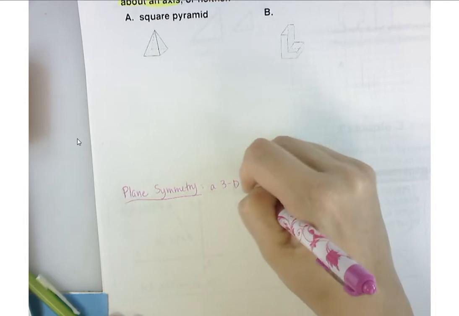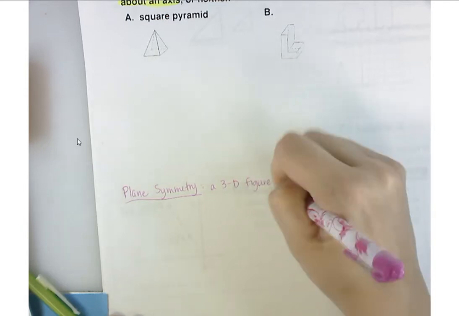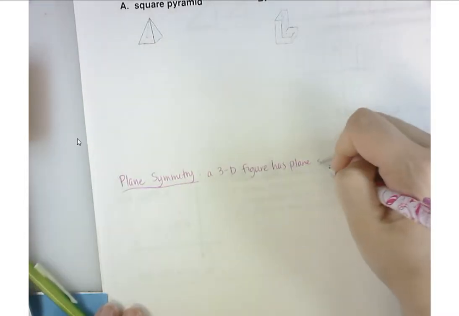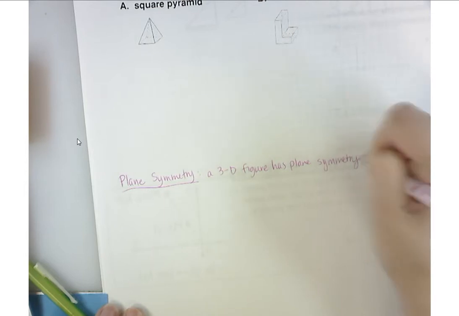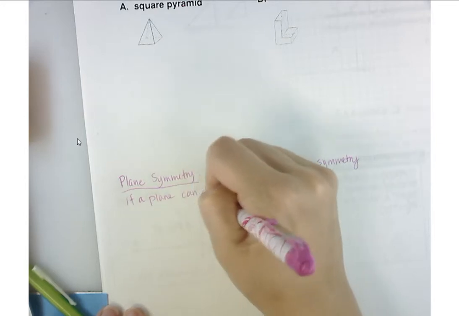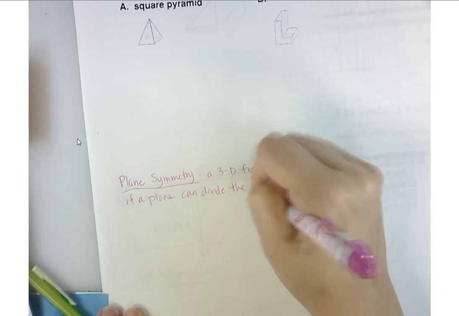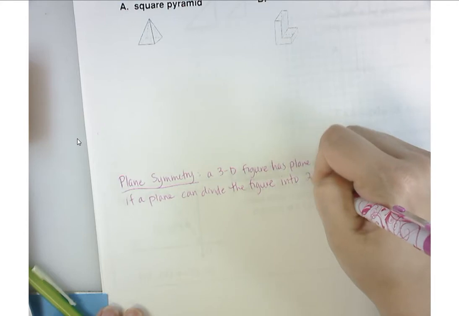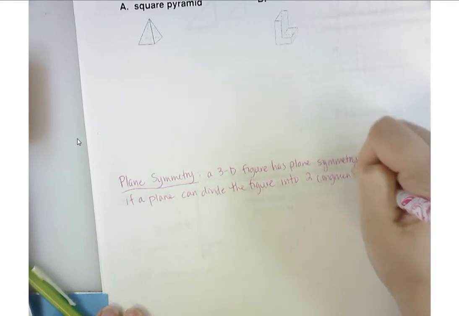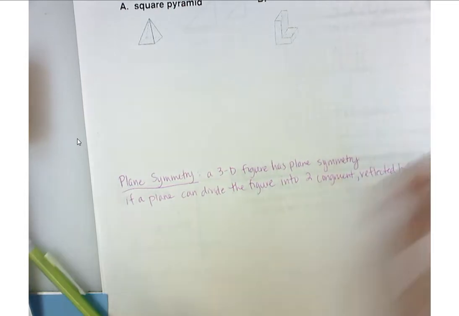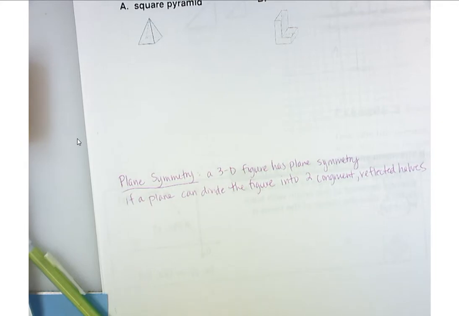So a 3D figure has plane symmetry if a plane can divide the figure into two congruent reflected halves.